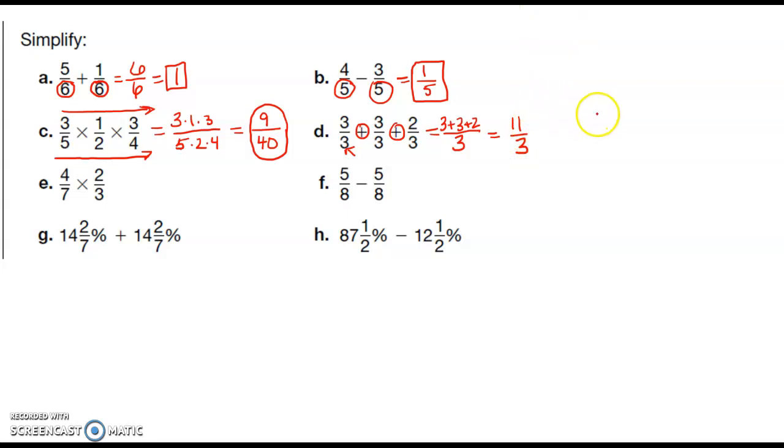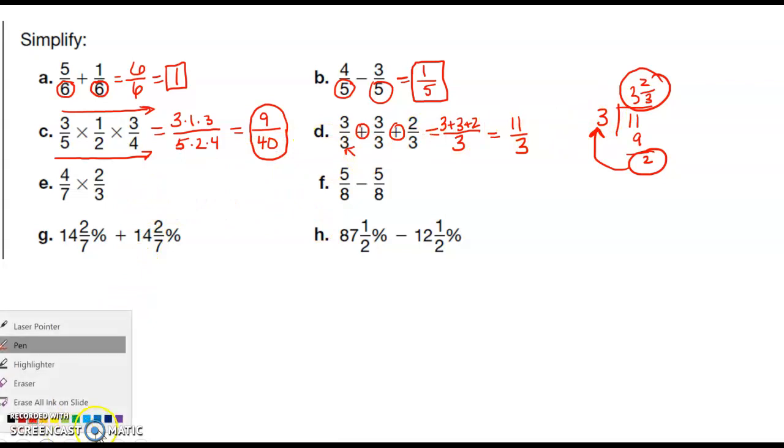And we'll go ahead and divide this and see what our answer will be. So 3 goes into 11 3 times, which gives us 3 2/3 as our answer, because we put our remainder over what we're dividing by. Okay? And we'll talk more about that. Let me change colors here because I'm getting tired of red.